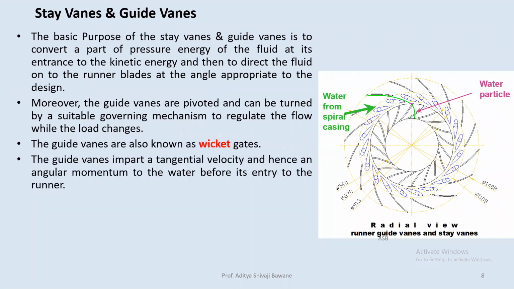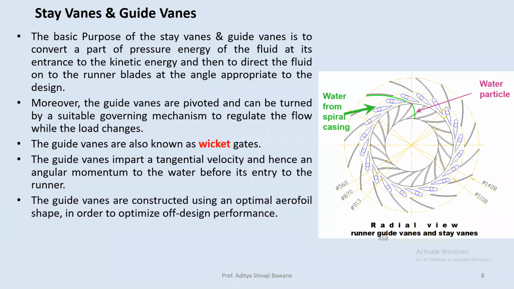The guide vanes impart a tangential velocity and hence angular momentum to the water before entry to the runner. So what do these guide vanes do? They provide a tangential velocity to the runner blade at inlet and provide angular momentum, that is, a force so that it will rotate.